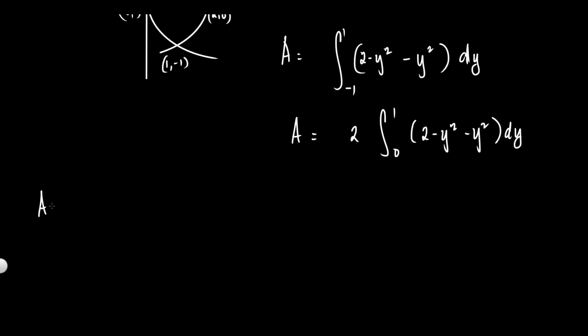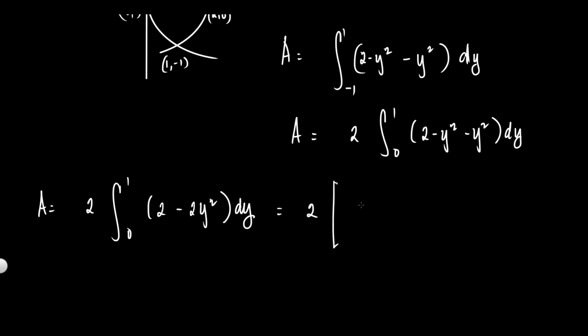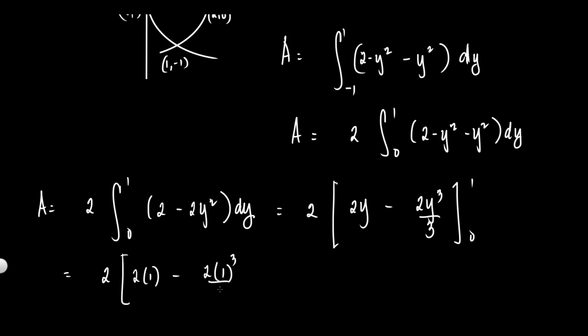So now, the area is equal to 2 times the integral from 0 to 1 of 2 minus 2y squared dy. It is equal to 2 times 2y minus 2y cubed over 3, with limits 0 to 1. So 2 times 1, minus 2 times 1 cubed over 3.